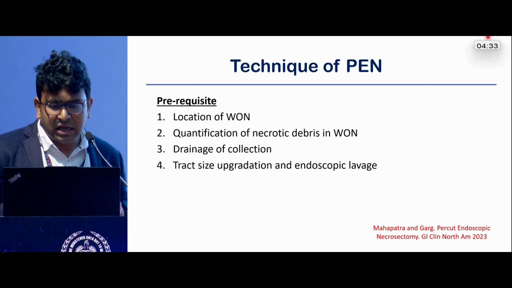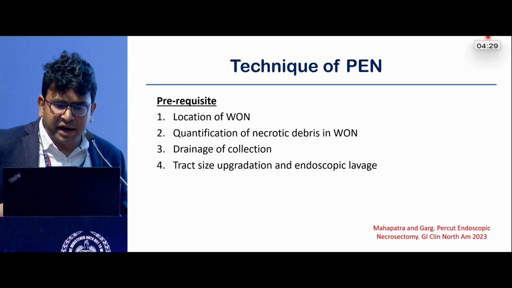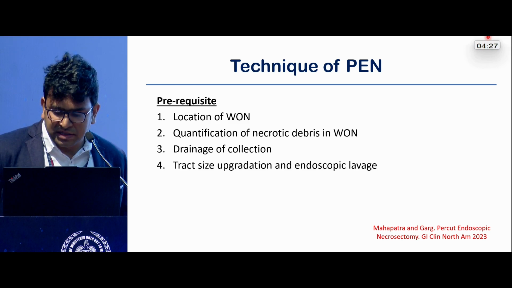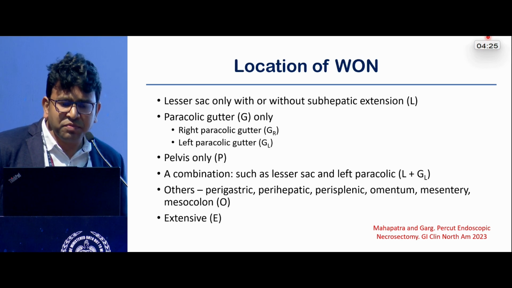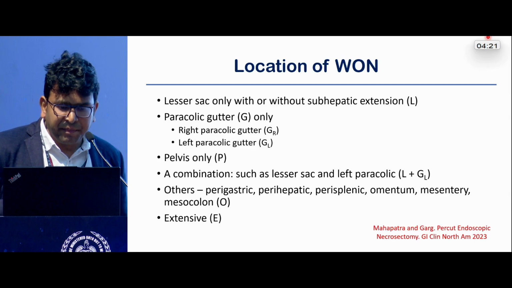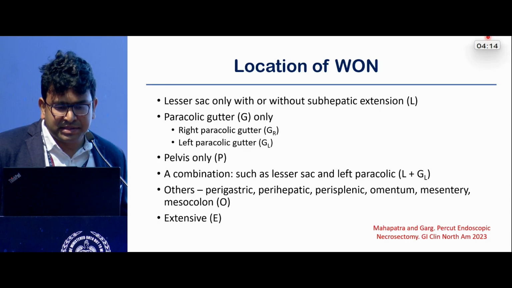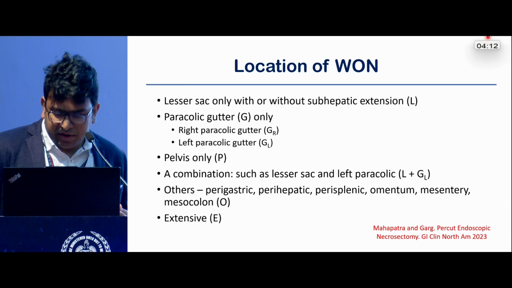The location, and quantification of necrotic debris. Obviously, you want to drain the collection, and you need to upsize the catheter track. If we discuss location, this was our classification, which depending upon the location, can be lesser sac, divided by L, on the gutters, on the pelvis, or on the omentum, or it can be extensive.